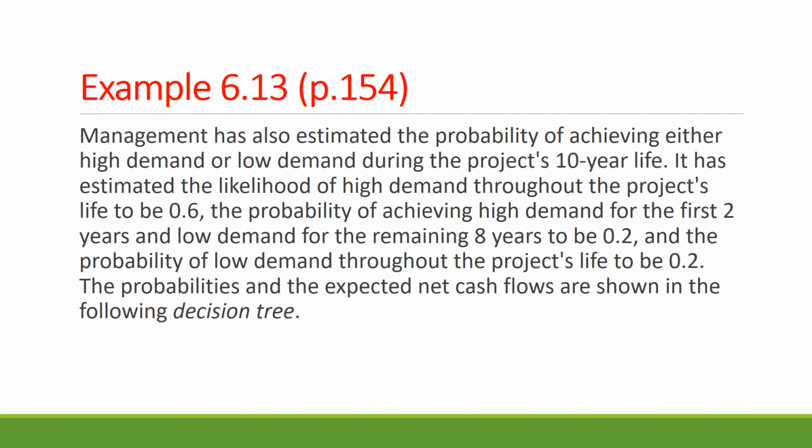We then look at the probabilities of different scenarios. In terms of demand, we only have two scenarios, either high demand or low demand. The likelihood of high demand throughout the project's life is 60%.